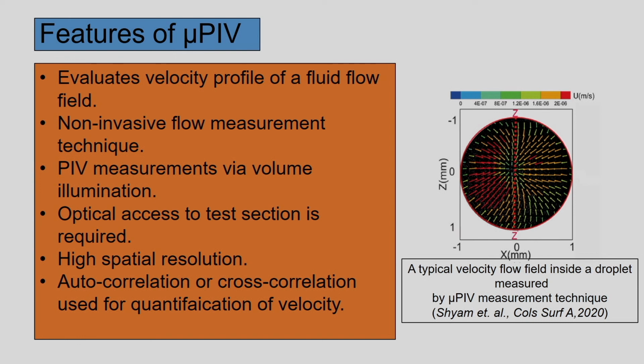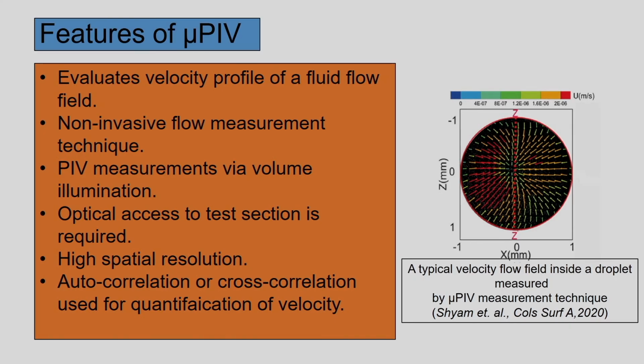When we talk about flow characterization, we are interested in measuring the velocity profile and velocity magnitude, that means the quantification as well as the qualitative measurement of the flow.